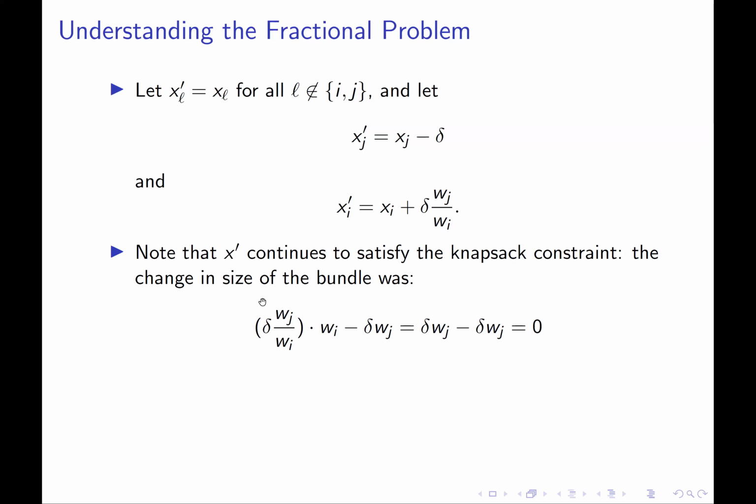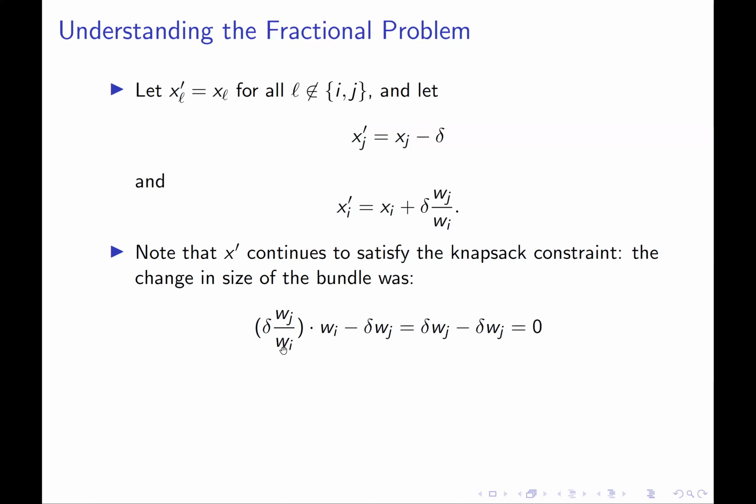That was the change in the allocation to bidder I. But of course, bidder I has some size, and so by increasing bidder I's allocation by delta times wj over wi, we've increased his participation in the knapsack by that times his size, wi.